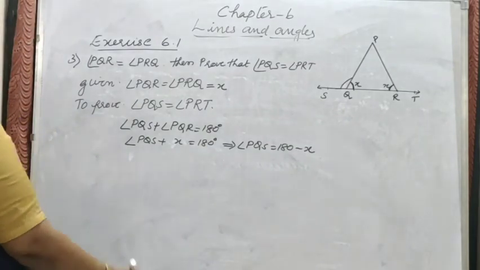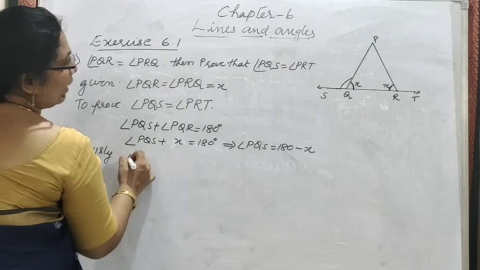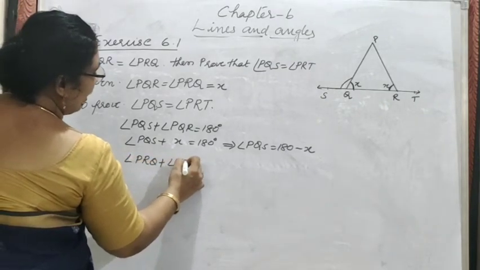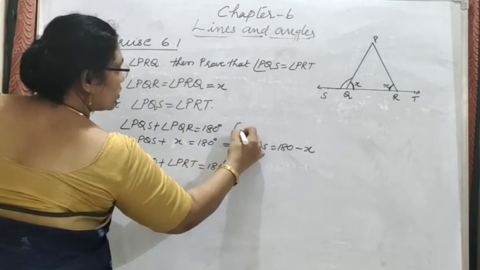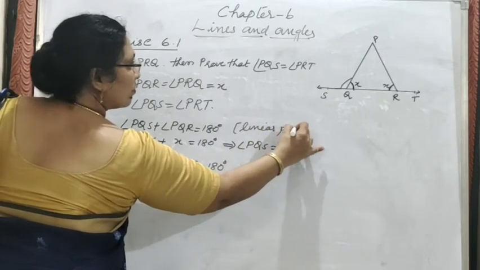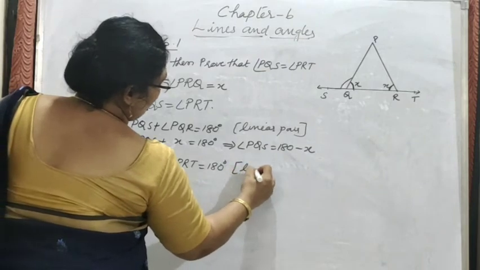Right? Now similarly what we can write, angle PRQ plus angle PRT equal to 180. So here also linear pair is the reason. Again check in the figure, PRQ plus PRT, that is also linear pair.